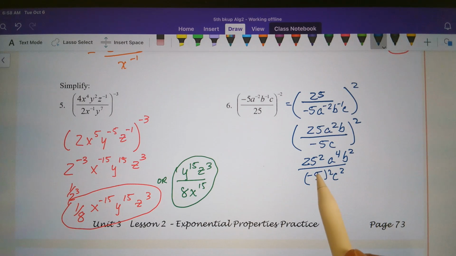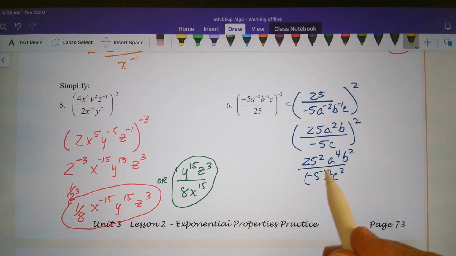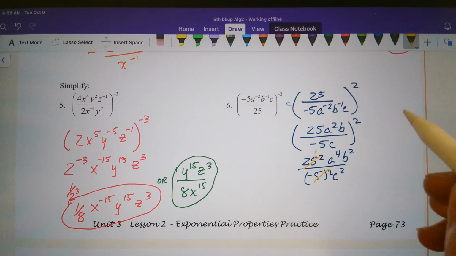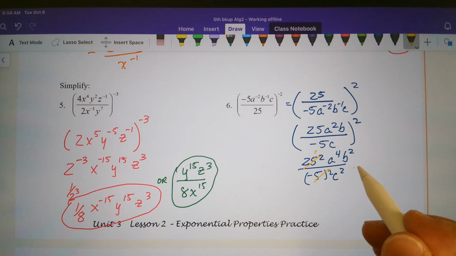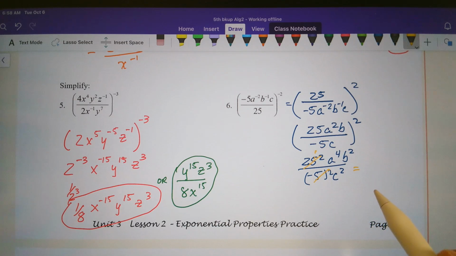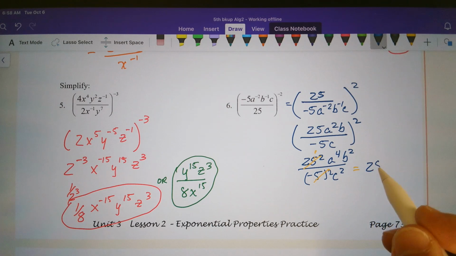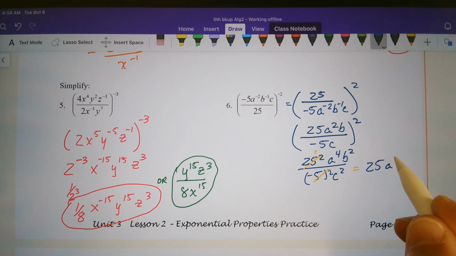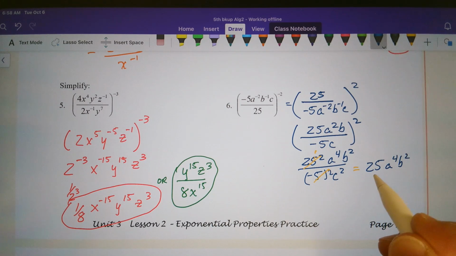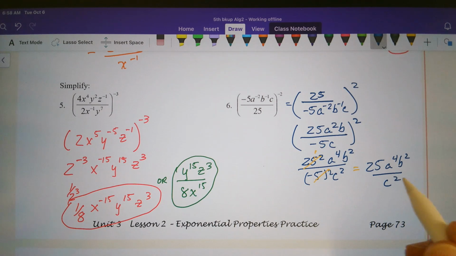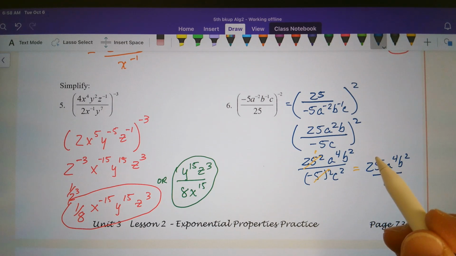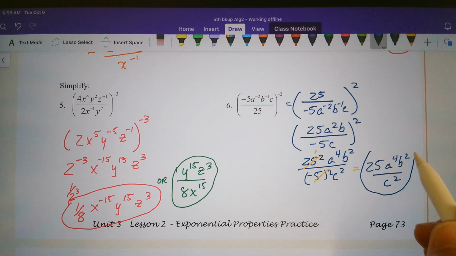That would divide out with one of those two, leaving that with a 25 to the power of 1. So it looks like I have 25 a to the 4th b squared over c squared. So this is one answer.